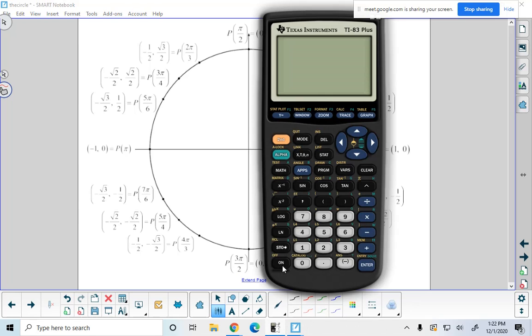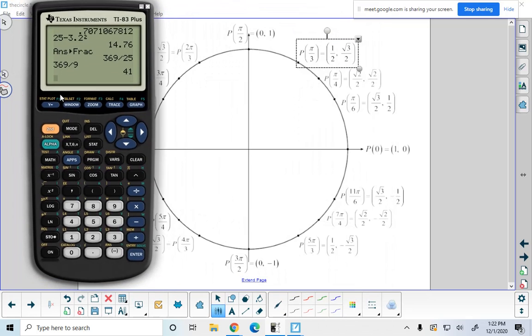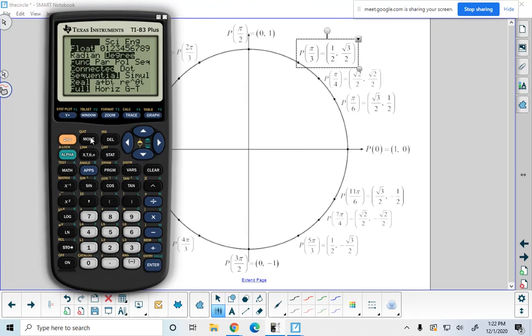That means that we need to be in radian mode because we're going to be taking the cosine of pi over 3. And pi over 3 is radians, so I go cosine of pi divided by 3 radians, and I get 0.5.